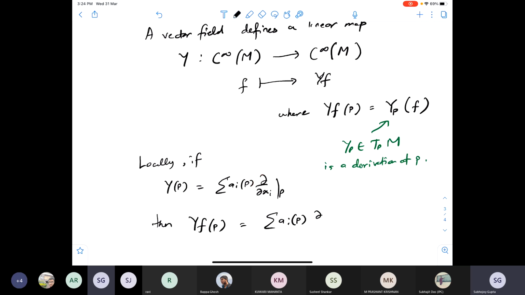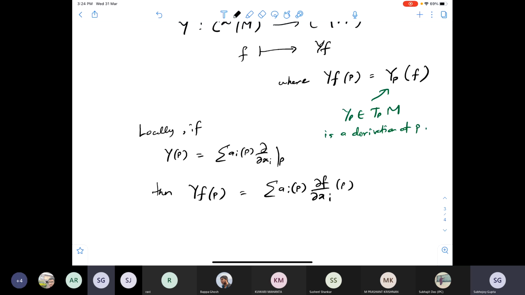That's what a derivation was at every point. And this is a smooth function, right? To check smoothness, you need to check what happens locally. Locally in a coordinate chart, this is definitely smooth. Since f is C infinity, all these are smooth functions, and these coefficients were smooth functions because your vector field was smooth.